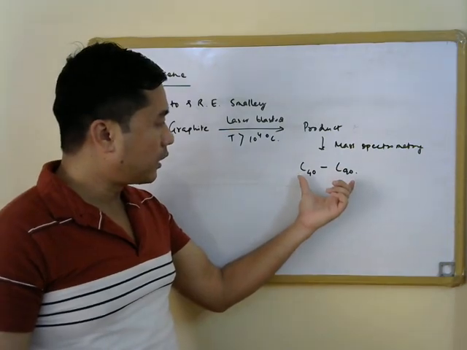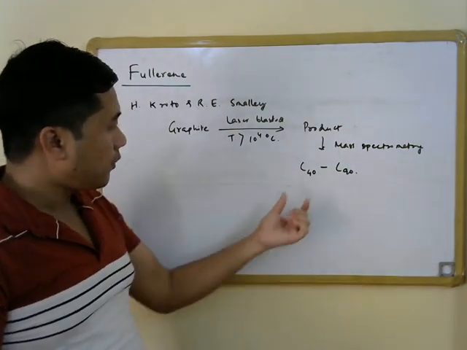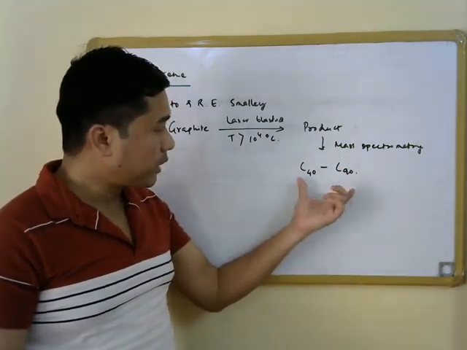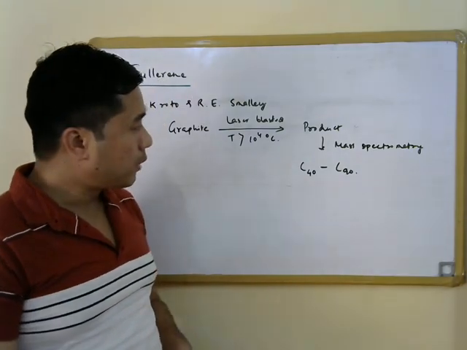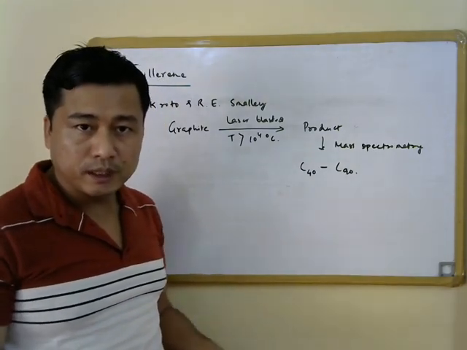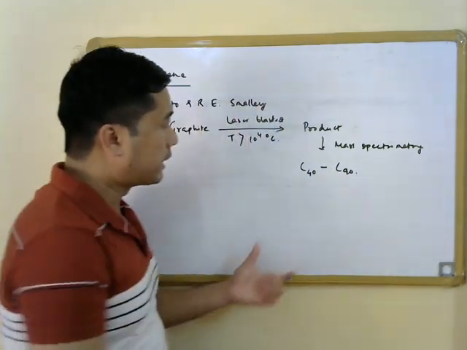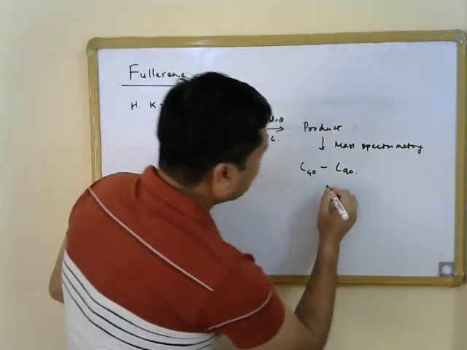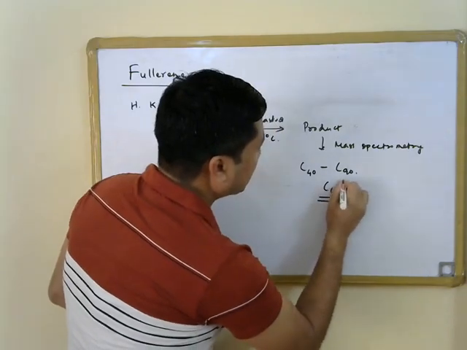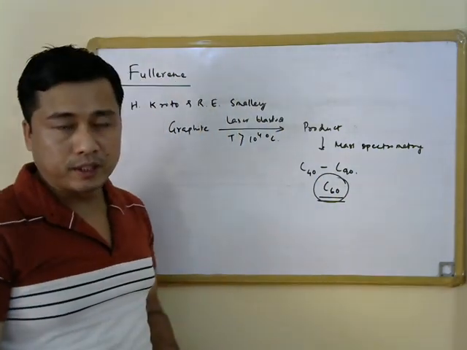All these molecules were present in the product, but the product present in the highest concentration, the predominant product in this mixture, was C60 or Buckminsterfullerene.